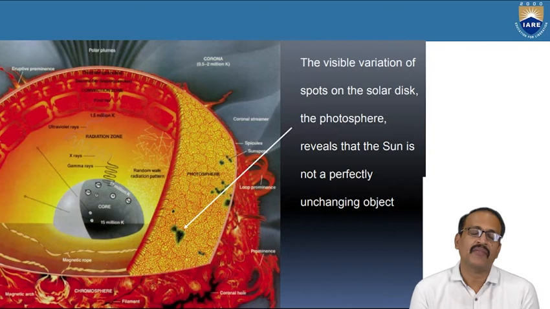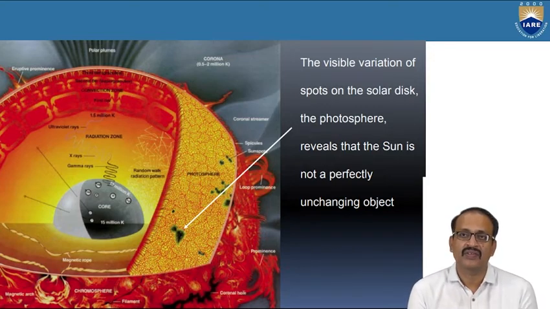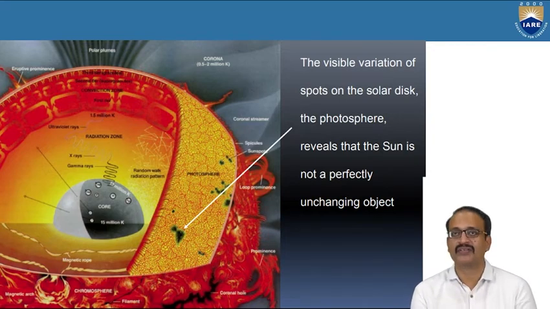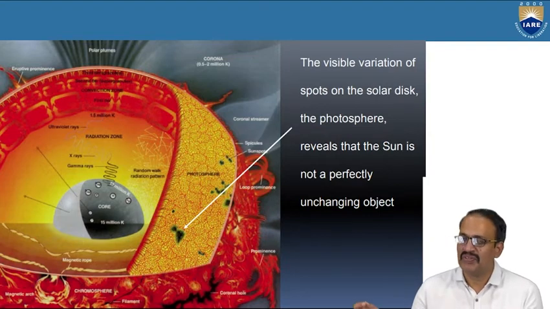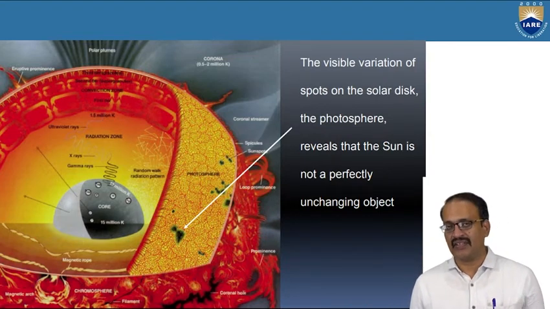So it has different layers, X-rays, gamma rays. The spots which are visible are the black spots. The spots will be changing, so the surface is not exactly fixed. It will be changing.